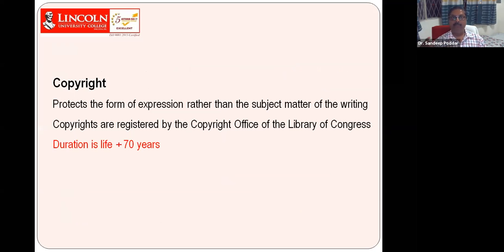This is copyright protection. For any book published before, after the writer's death and after 70 years have passed, you can say the copyright is gone. So anybody can copy it, but cannot say it is their own. That was another thing.